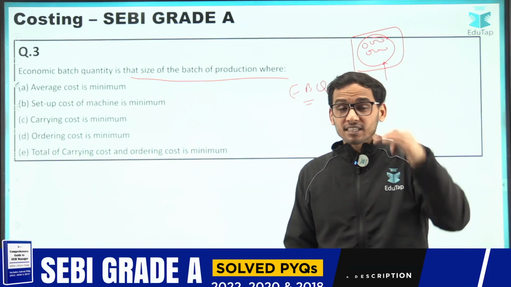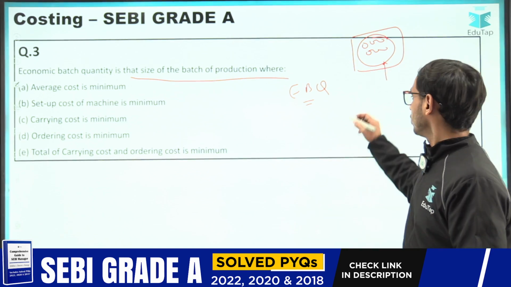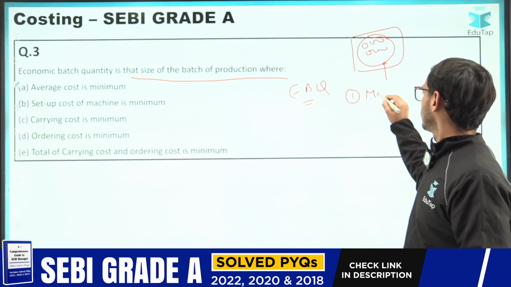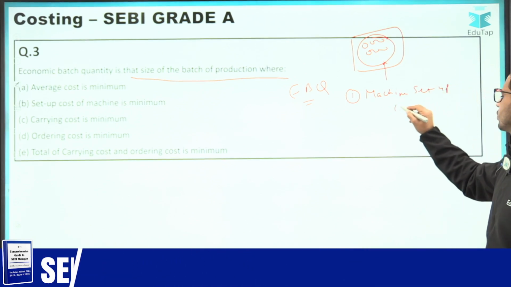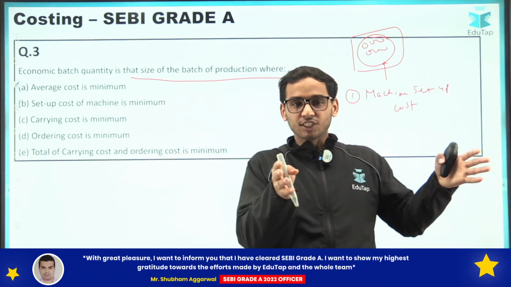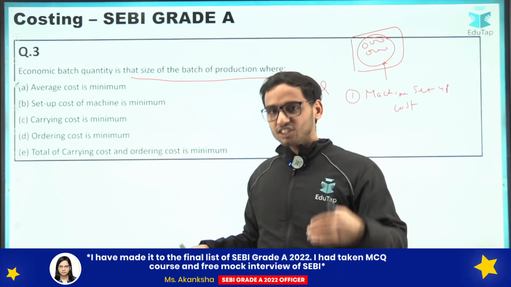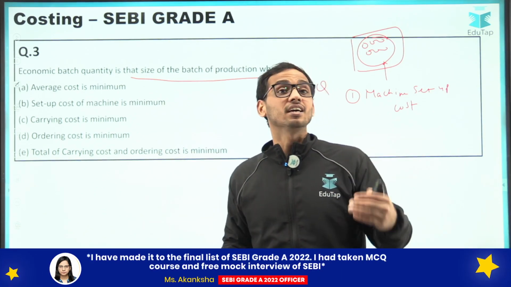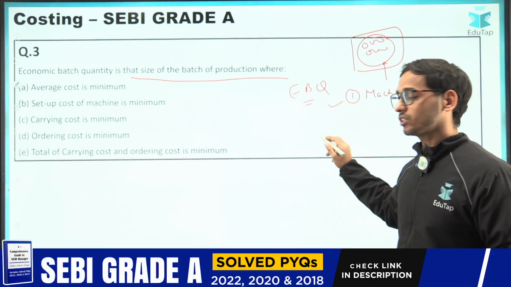To minimize our cost we are going to consider two factors. The first factor is machine setup cost. Each time we take a batch to produce, we have to set up our machine, isn't it? So each time we set up the machine, we incur a cost.